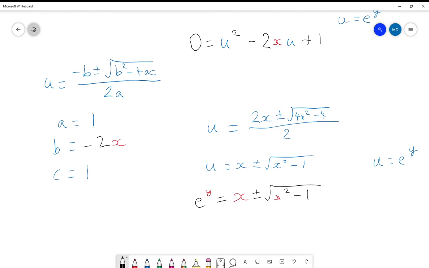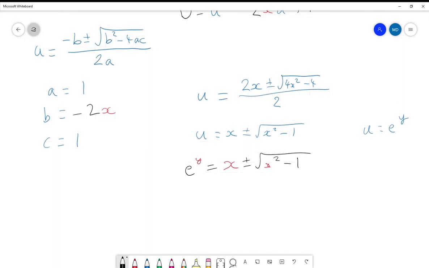And this here tells us that we can very, very easily rearrange for y by taking the natural log of both sides. And we'll end up with y is equal to the natural log of x plus or minus the square root of x squared minus 1. And so this is our inverse function.